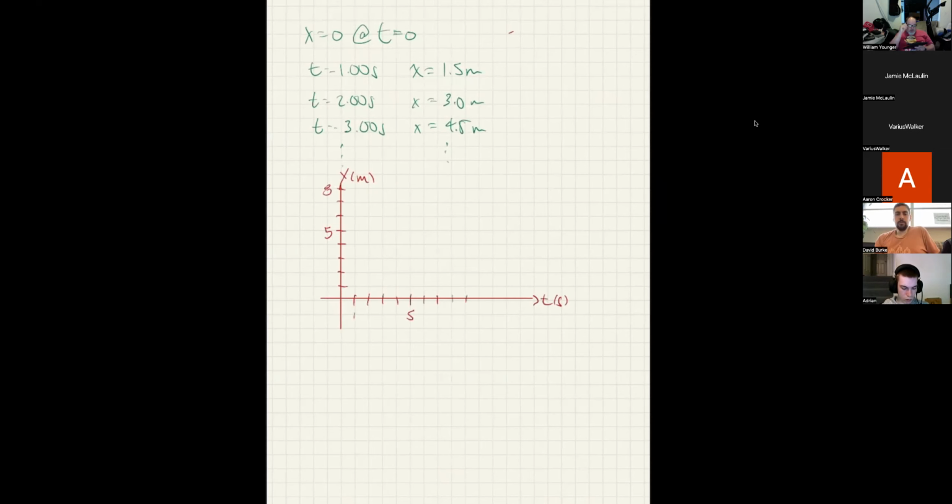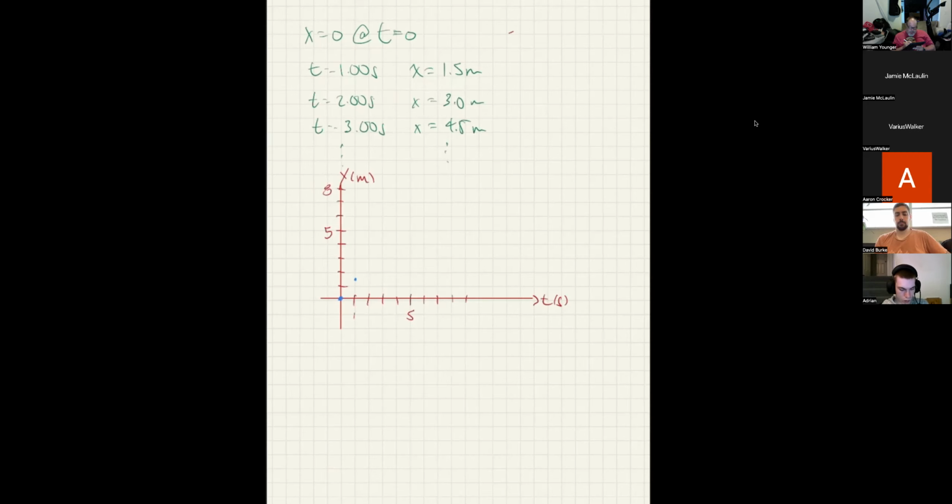Now, if we make a plot of this data, we know at t equals 0 seconds, it was at x equals 0. So I'm going to put a dot right here. We also know that at 1 second, it was at 1.5 meters. So I'm going to put a dot right here. And then at 2 seconds, it was at 3 meters.